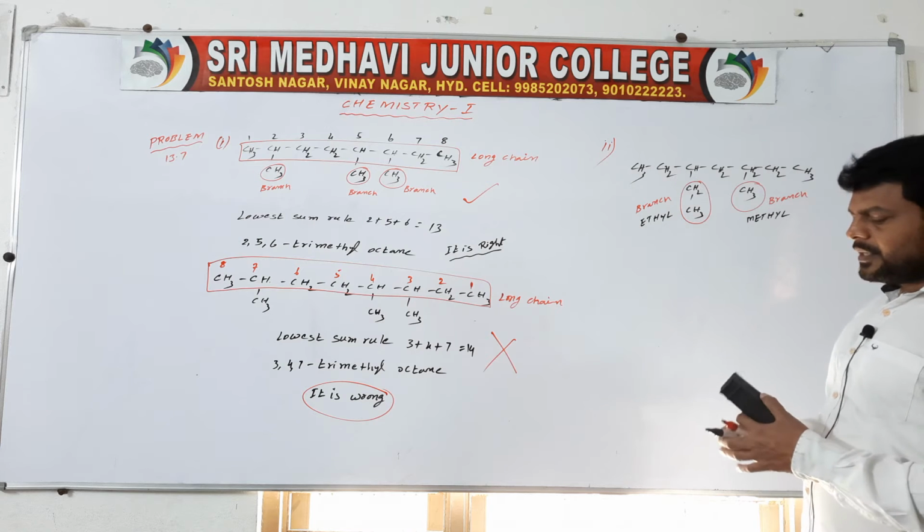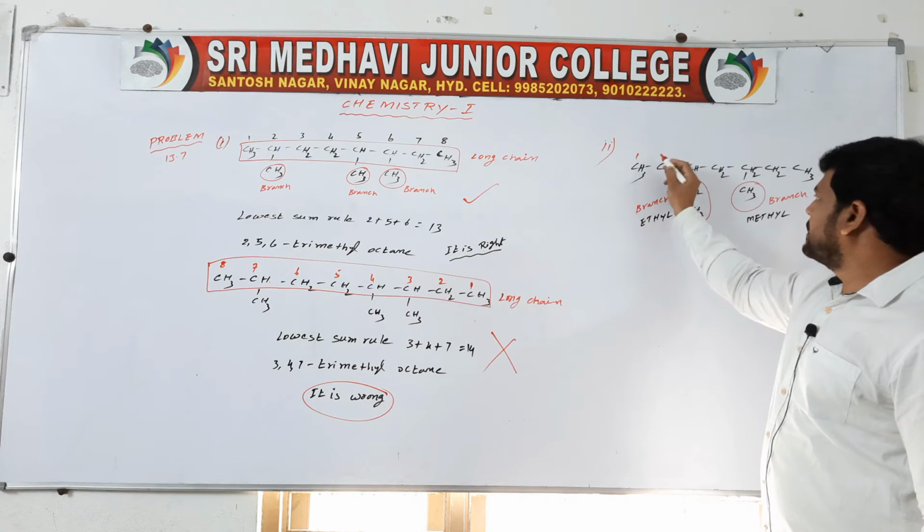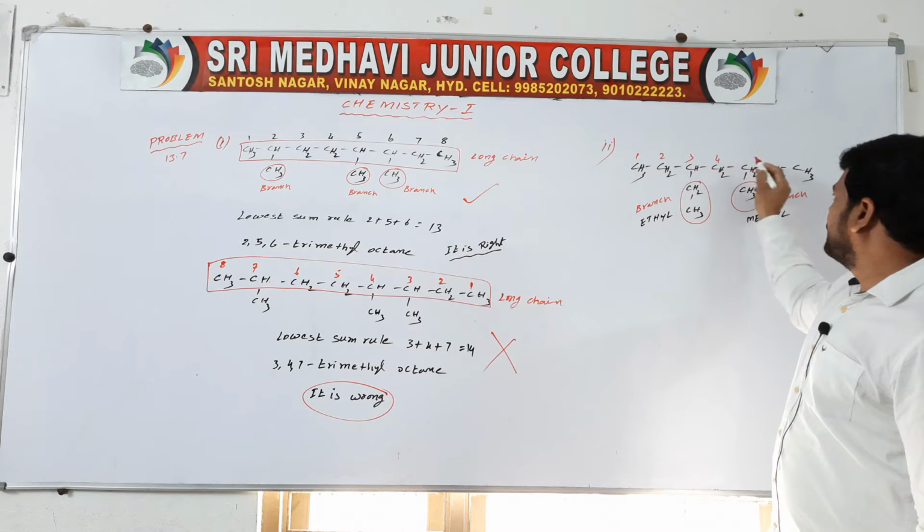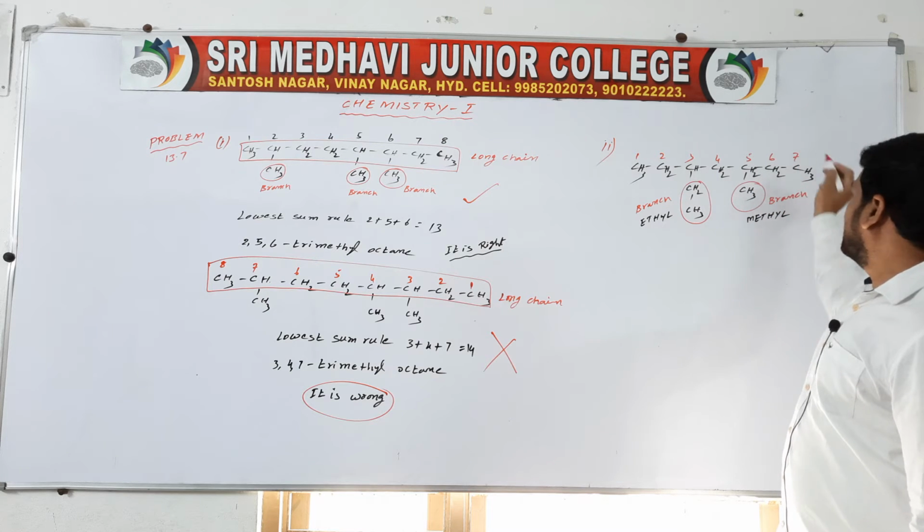So here numbering is 1, 2, 3, 4, 5, 6 and 7.